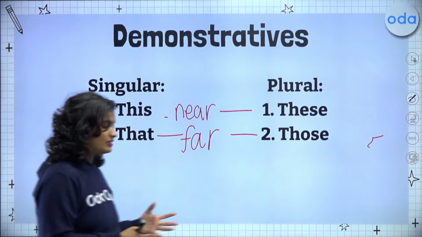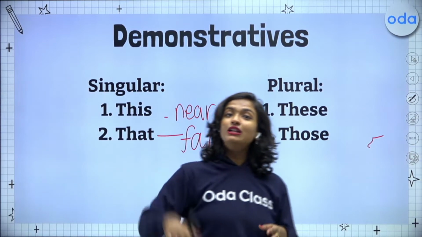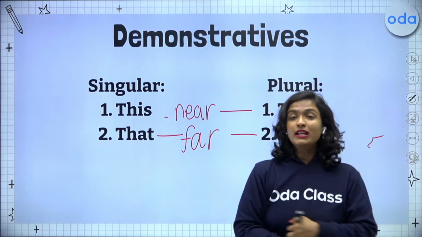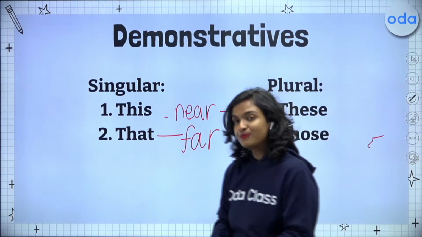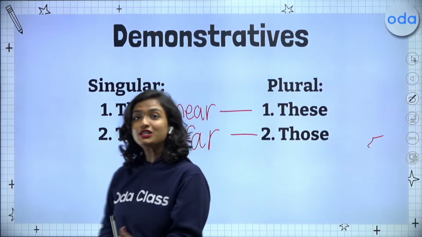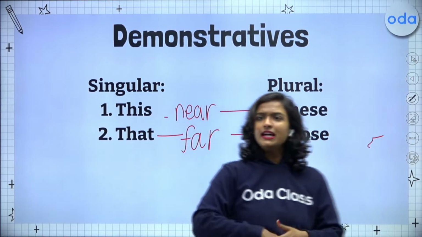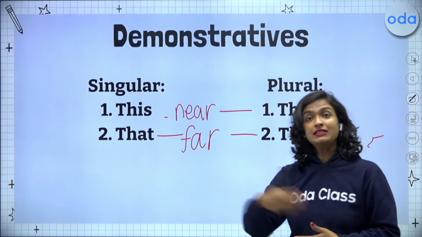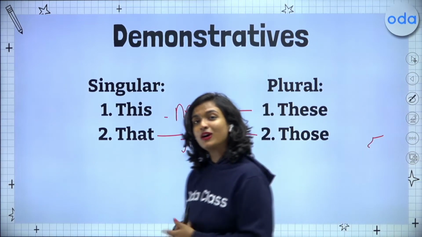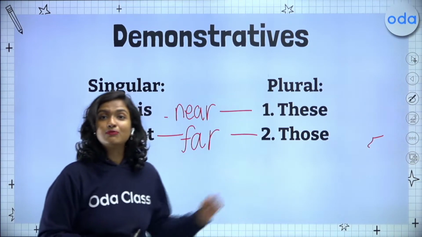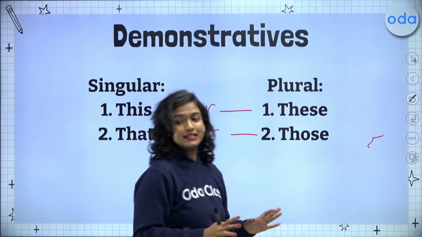So, for example, can you pass me the book on that table? When I say this, students, it is clear that the table that I am referring to is not near me. It is a thing that is near somebody else, that is far from me. And that is why, students, I will be using the demonstrative that in this example.